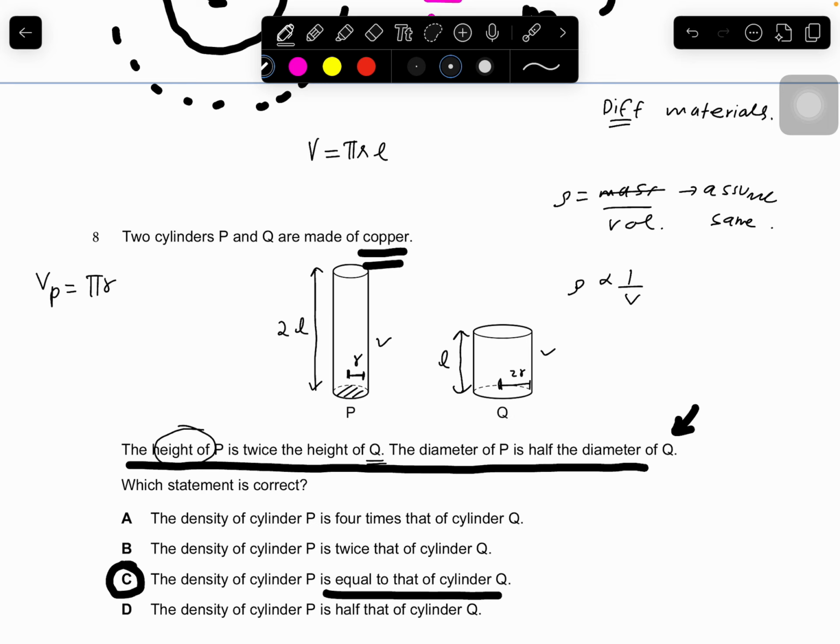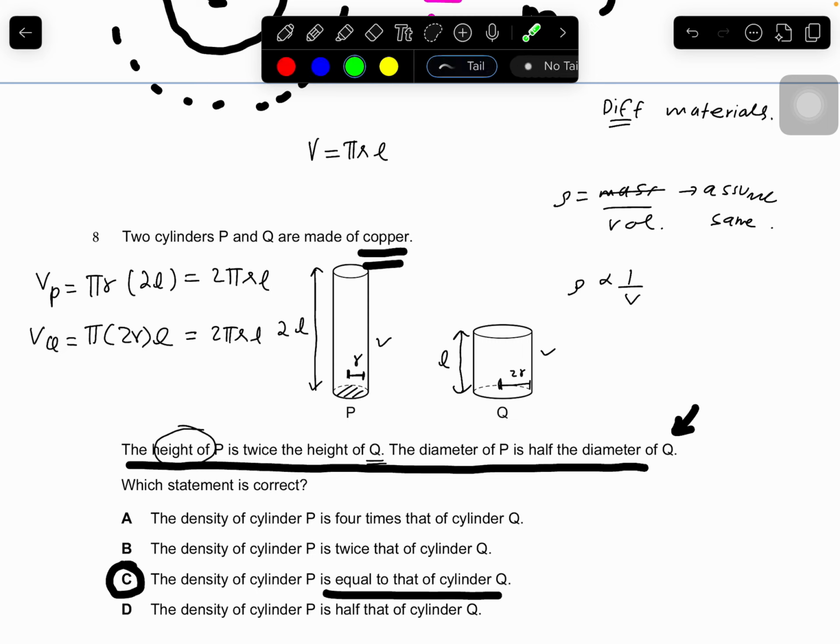So for volume of P, we can write pi R squared 2L, and for volume of Q, we can write pi (2R) squared L. So that is just going to be 2 pi R squared L, and that is equal to 2 pi R squared L. So you see, in the end, we got the same volume for both of them. Same volume, same mass means same density.